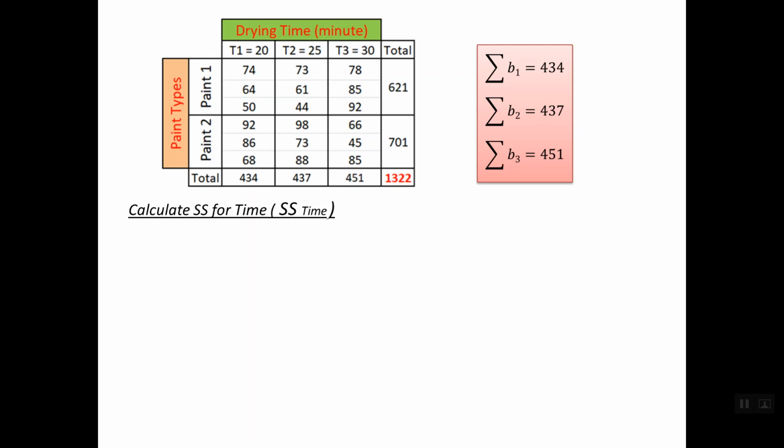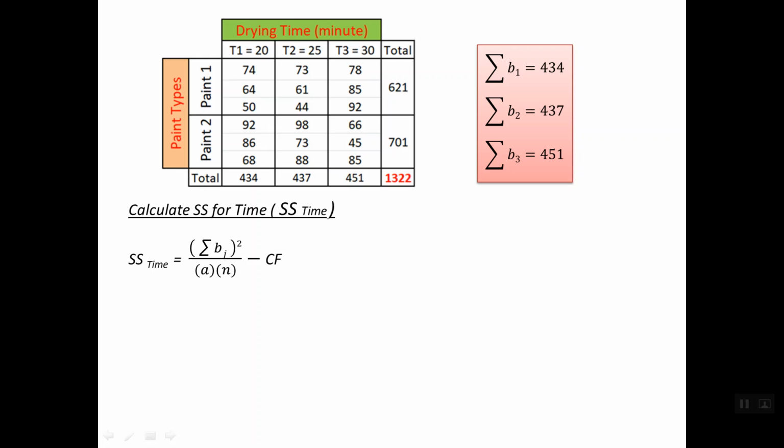And again, when we calculate the SS for this factor, we ignore the first factor and its levels. So with the same technique, this is the formula for calculating the SS for the second factor, which is the time.